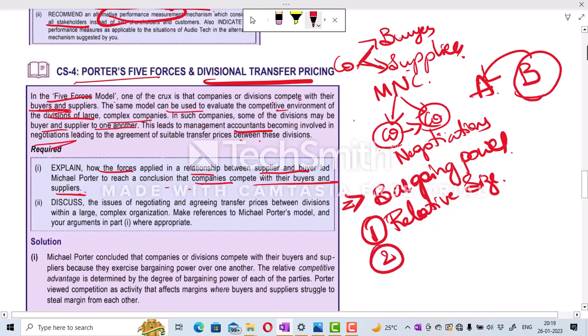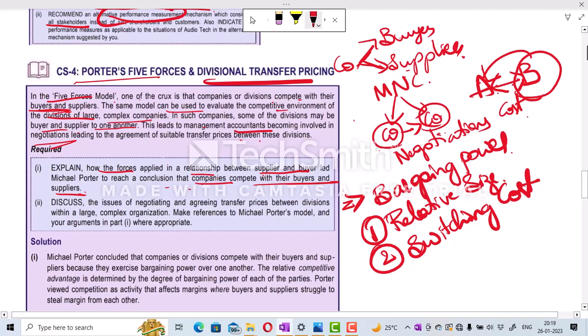And switching cost. See, if A and B entered into an agreement, and there is a cost that should be paid if any one of the parties cancels the agreement, then in order to escape that cost, they will stay in that agreement only.